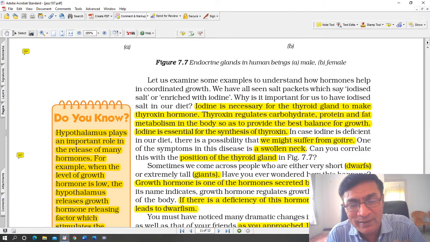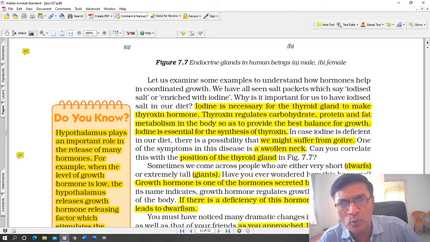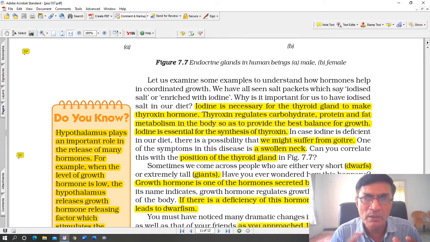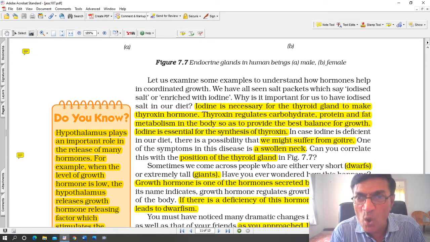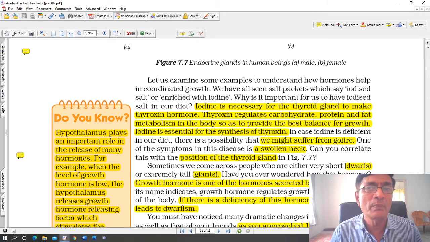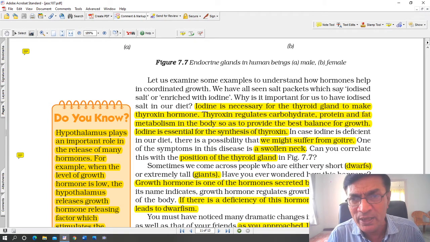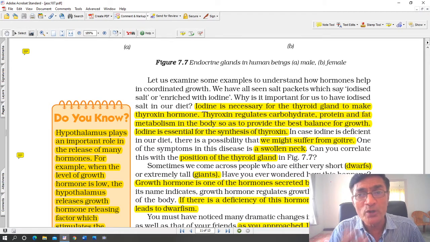Iodine पूरी मात्रा में नहीं मिलता उन लोगों को. जैसे राजस्थान के कुछ एरियाज में, not all parts of Rajasthan, but in certain parts of Rajasthan, the drinking water and the food and the soil, even the soil, because soil में से तो आता है, soil और drinking water में iodine की मात्रा या तो बिल्कुल नहीं है या तो बहुत कम है. Now these people suffer from a lack of iodine, इसलिए उसको गोइटर हो जाता है.